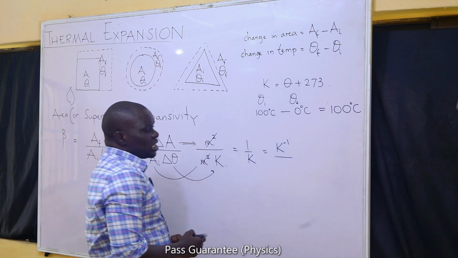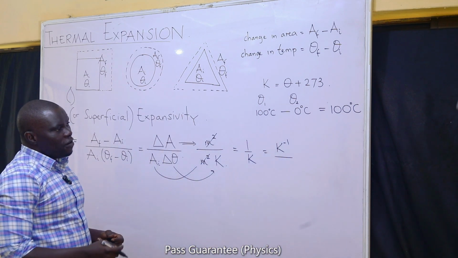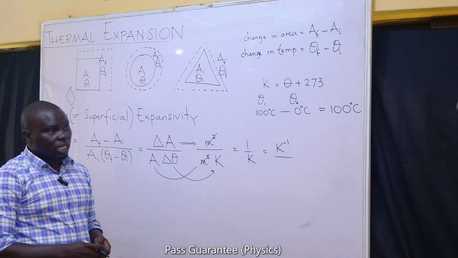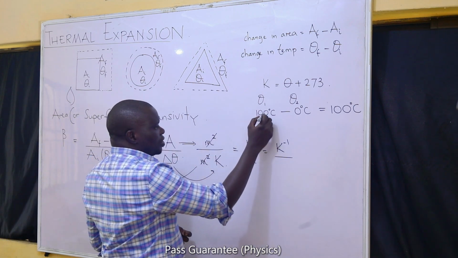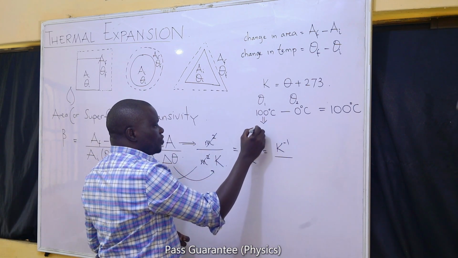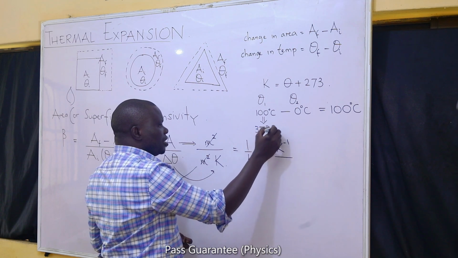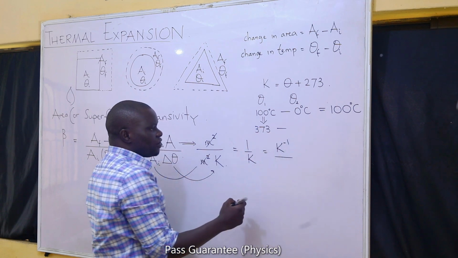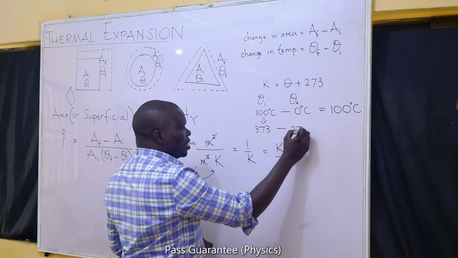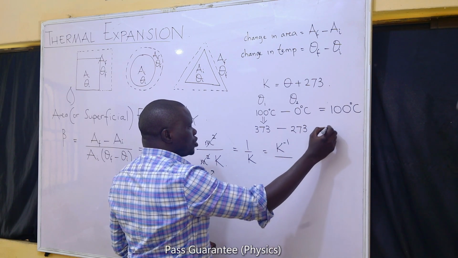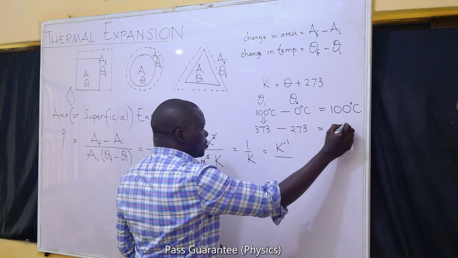If I decide to take them to Kelvin before finding the change, 100 degrees Celsius is 373 Kelvin, and 0 degrees is 273 Kelvin. If I subtract them, I should have 100 Kelvin.